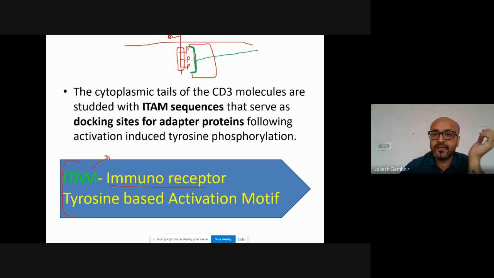What do you mean by domain? It's a small region of a three-dimensional protein structure which can perform a specific function. So what is the function of SH2? All the proteins which contain this particular SH2 domain can bind to the phosphorylated protein, and that is the exact function of SH2. So they can go for a docking kind of scenario in terms of attachment.